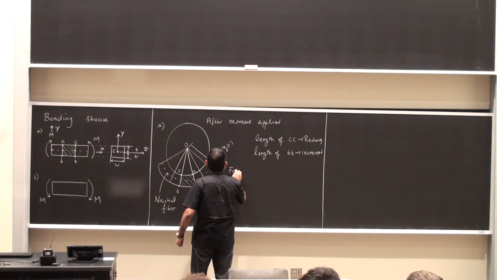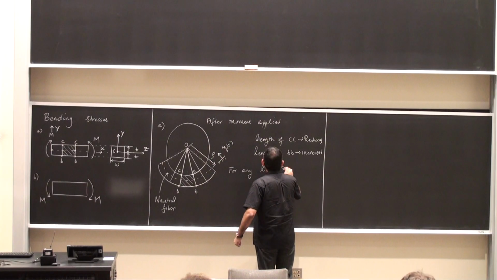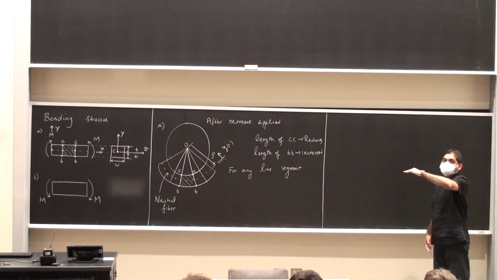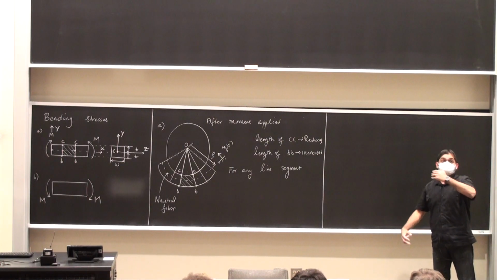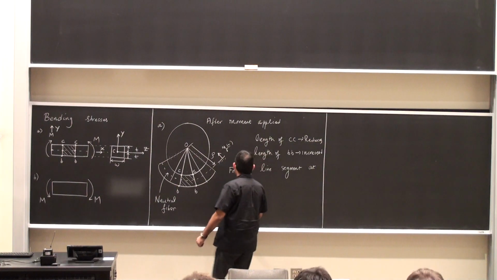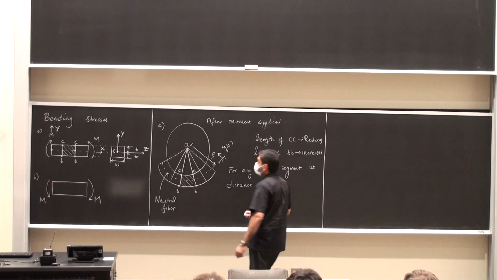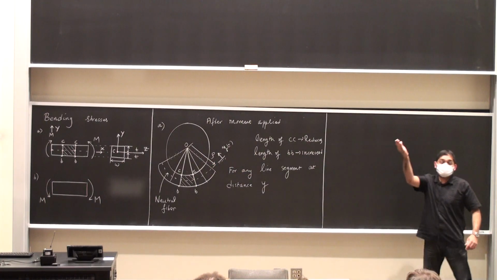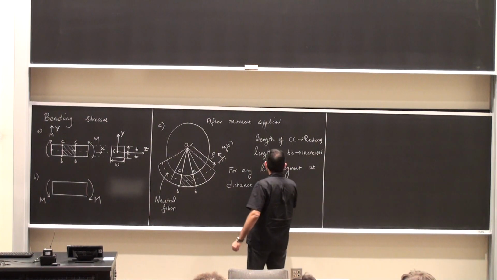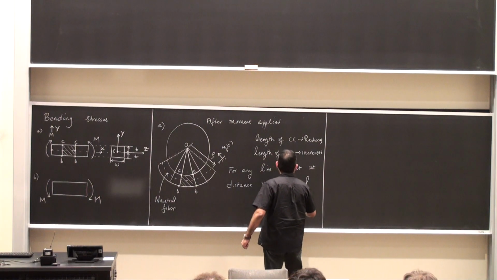For any line segment, so these are all horizontal line segments that I'm looking at, at any point on any line segment at a distance y, measured positive coming from the neutral axis or neutral fiber and going up, on the neutral fiber.